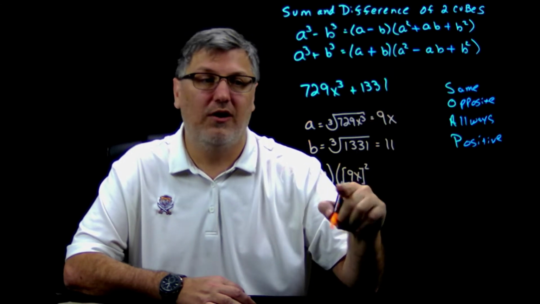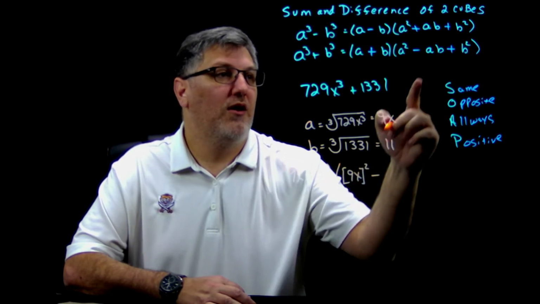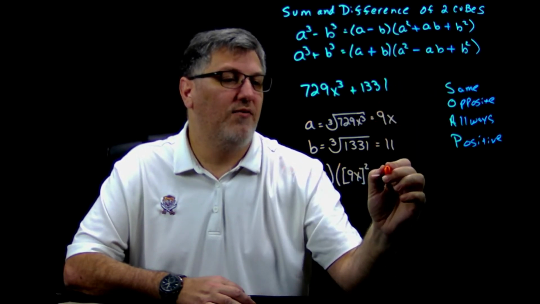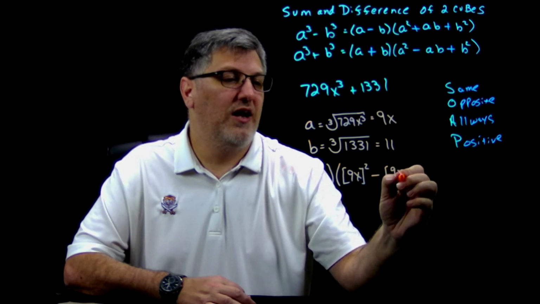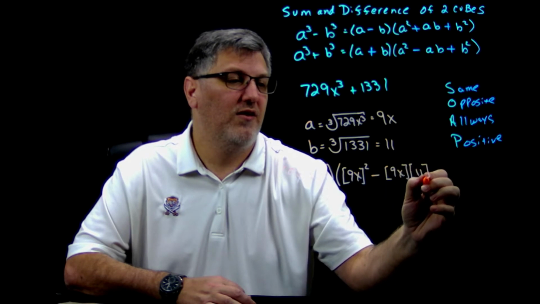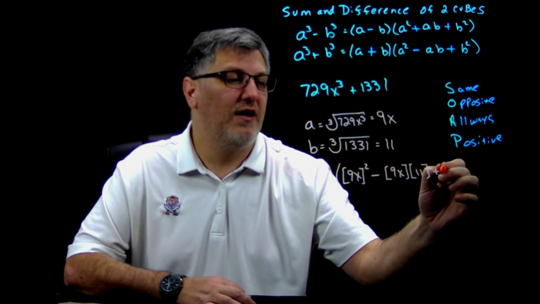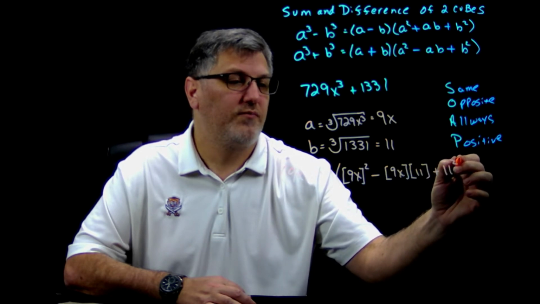Now, opposite from SOAP. Now it says AB, so I'm going to have 9x times 11. Now we have always positive from SOAP, and we have 11 squared.